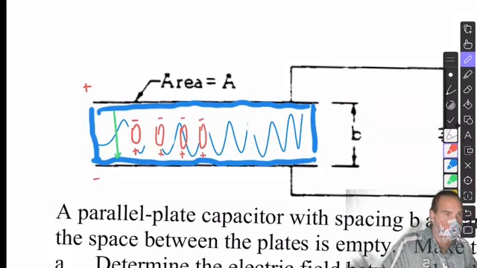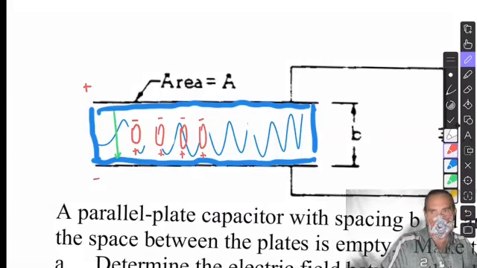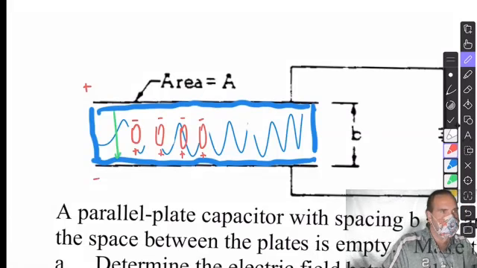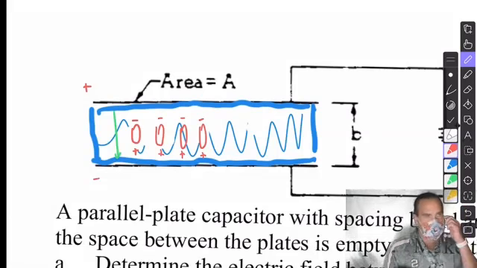That the molecules of the dielectric are polarized, meaning they have a positive and a negative end. Those molecules align with the applied electric field. And the molecule's electric field adds to the applied electric field. Those three things should be discussed. That connects all the dots to tell you what a dielectric is doing between the plates of a capacitor.